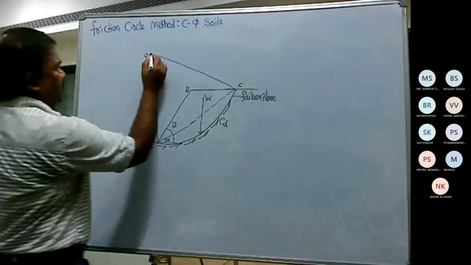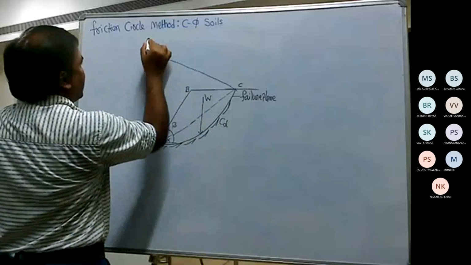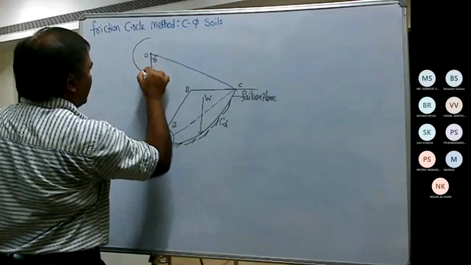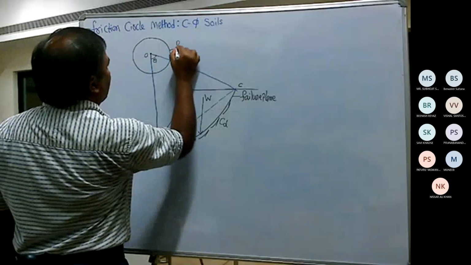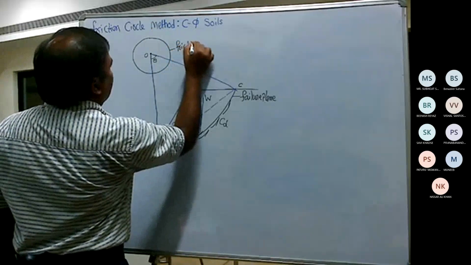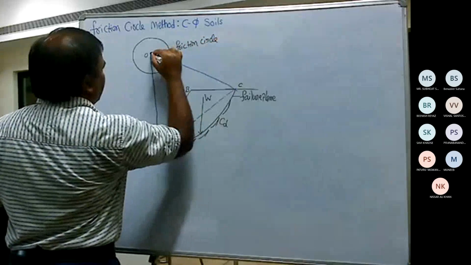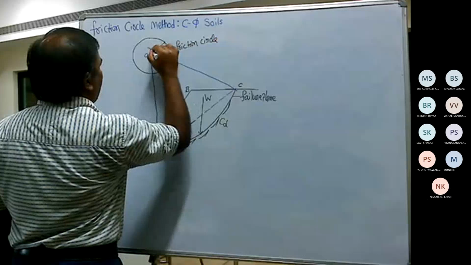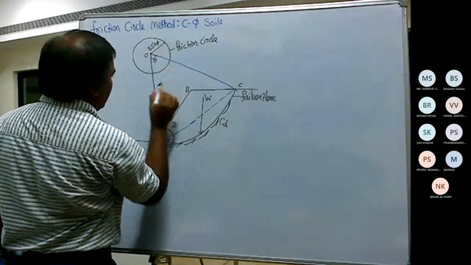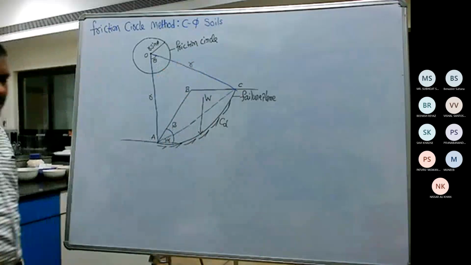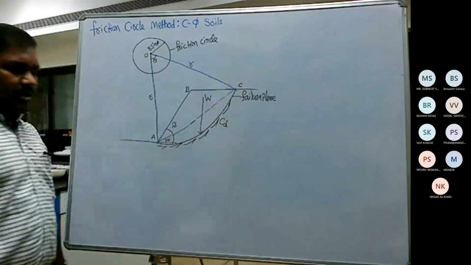So suppose this is the center of this failure plane, they have considered another circle. This is called a friction circle, and its radius is considered as r sine phi, where r is the radius of the slip circle.